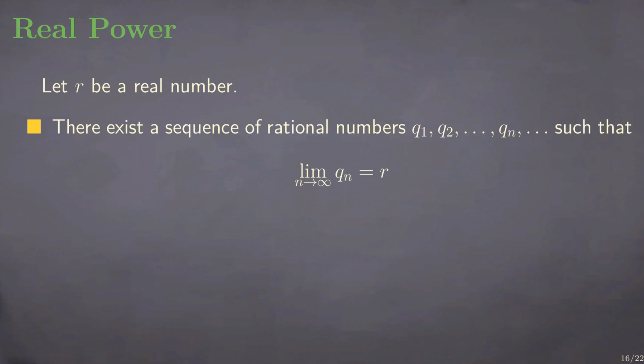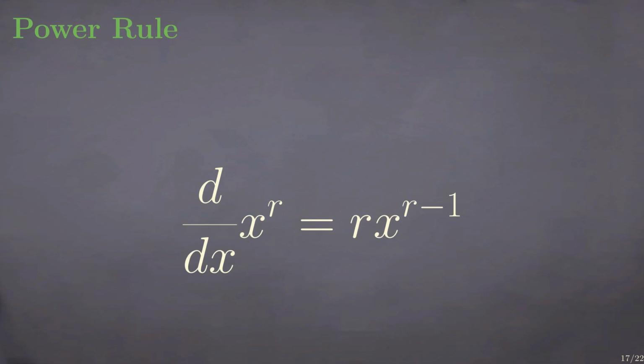Because we already know how to define x to the power of a rational number, we can define x to the power r as the limit when n tends to infinity of x to the power q_n, where q_n is the sequence. Okay, so using that, we can also deduce the general rule for computing the derivative of x to the power r for any real number r as r times x to the power r minus 1.